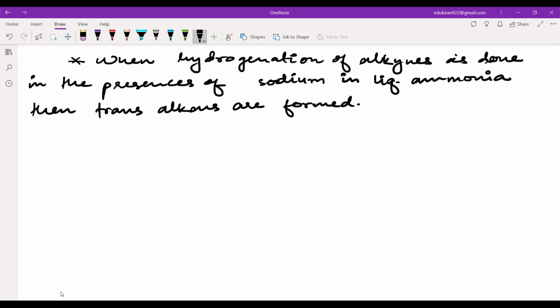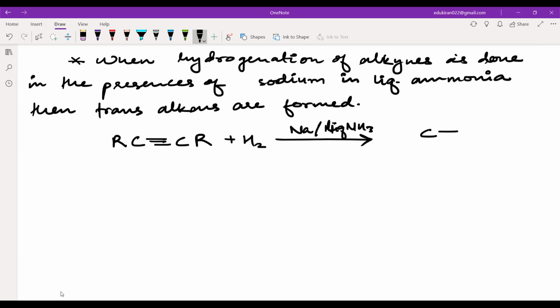So for example, if you have an alkyl group attached here, then C triple bond C, another alkyl group attached here, plus H2 in the presence of sodium in liquid NH3, then you will get C double bond C. The R groups are on opposite sides, and then hydrogens.